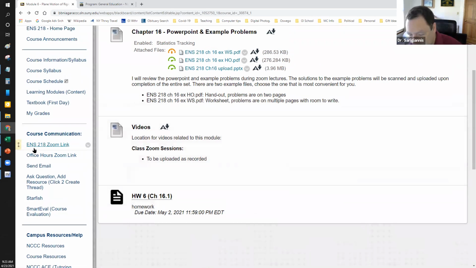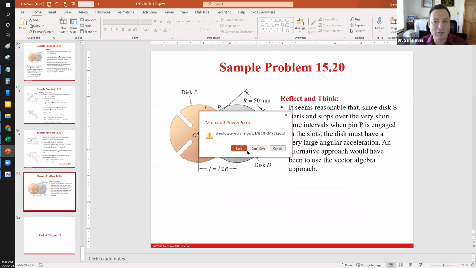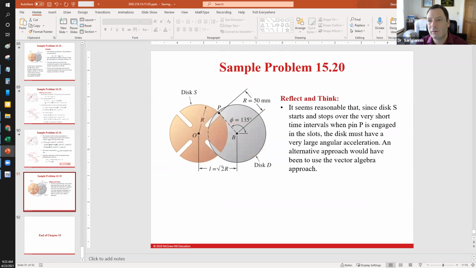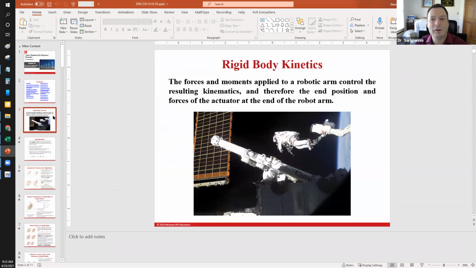All right, let me put these other notes away and we'll start chapter 16. Chapter 16 is rigid body kinetics.